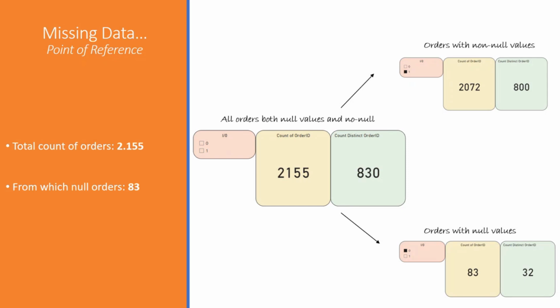I apply dummy variables, which are one if there are no null values in the table, and the contrary, 0 if there are null values. And for that, I have 2000 order IDs and 830 distinct order IDs.